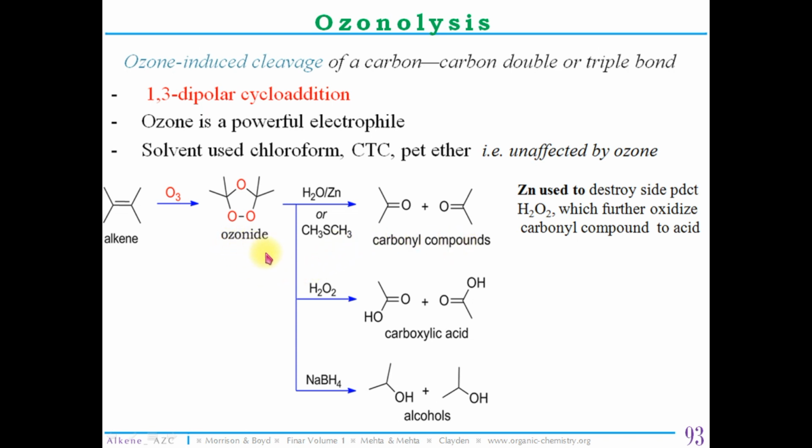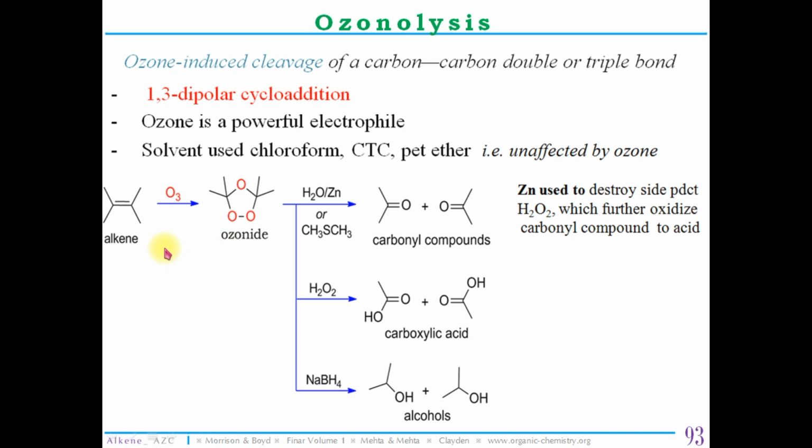If the ozonide is reacted with hydrogen peroxide, it gives carboxylic acids, while with sodium borohydride it gives alcohols. In this reaction, zinc is used to destroy the side product of hydrogen peroxide because these have a tendency to further oxidize these carbonyl compounds into carboxylic acid.